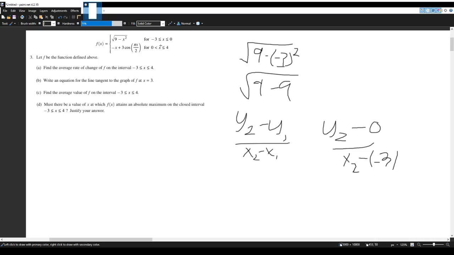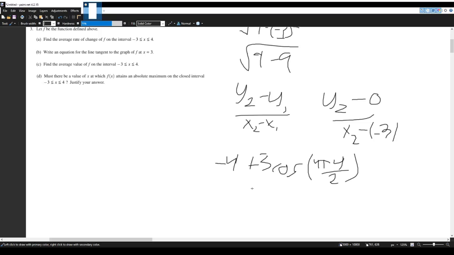So now we plug in 4 into this one. We have -4 plus 3 cosine of pi times 4 over 2.